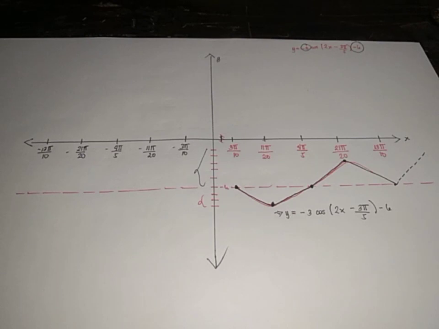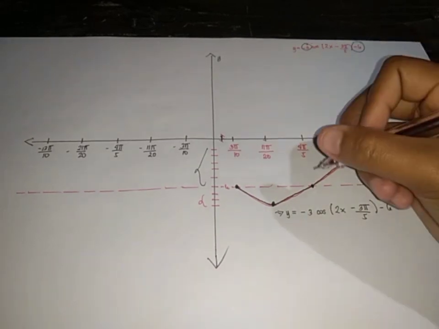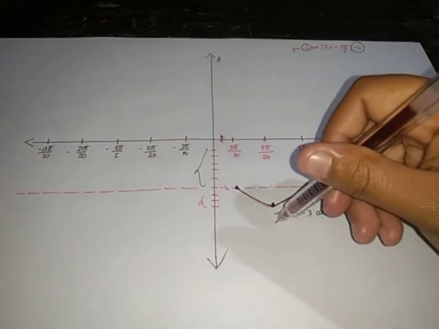So that is our graph for our cosine function. General formula we had.